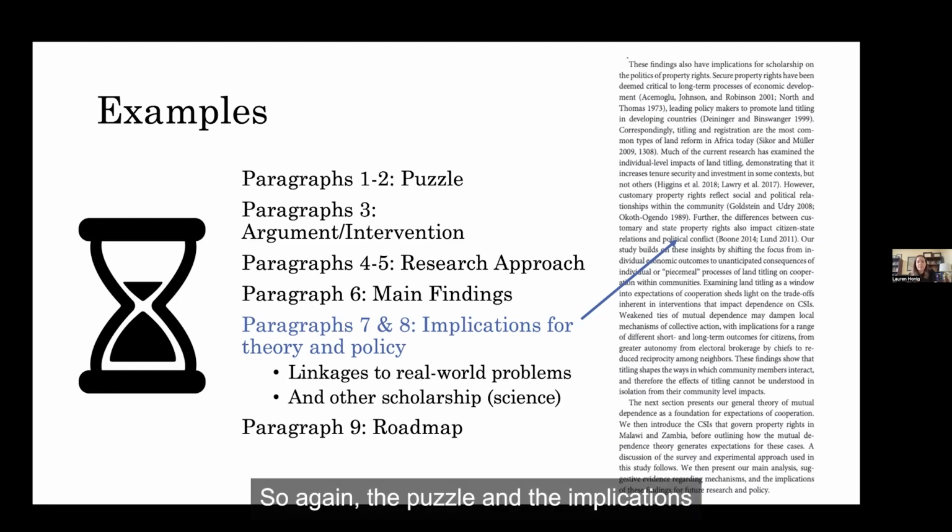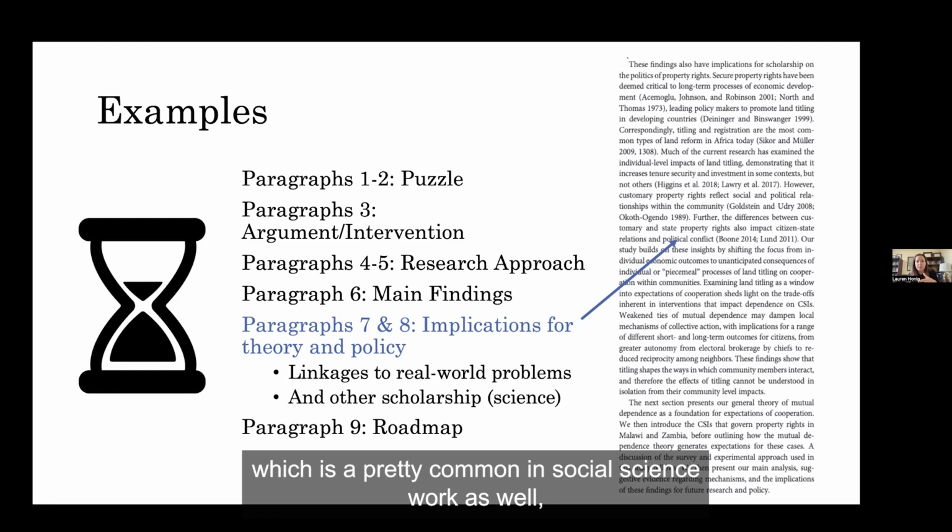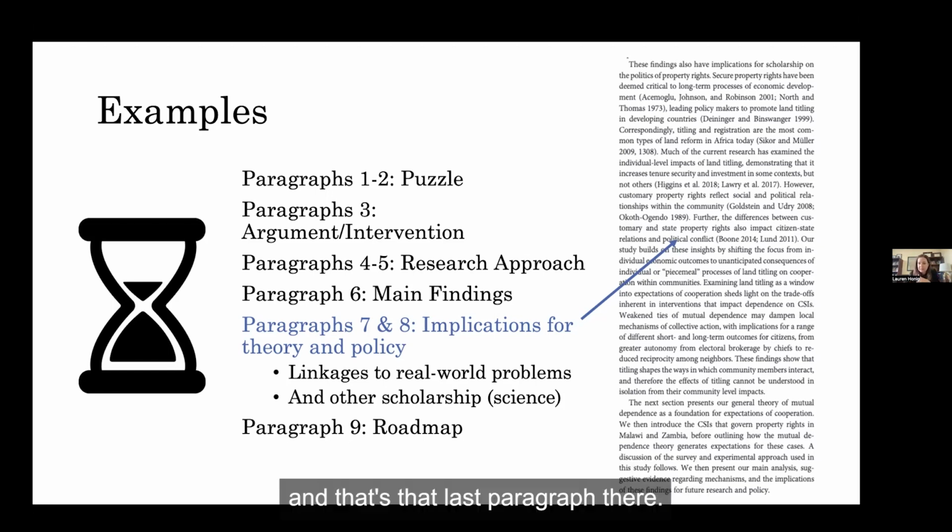And so again, the puzzle and the implications for theory and policy, these components are really, really key to the frame and to situating it. And so in this article, we have a roadmap, which is pretty common in social science work as well. And that's that last paragraph there.